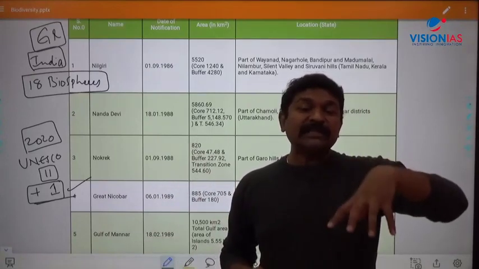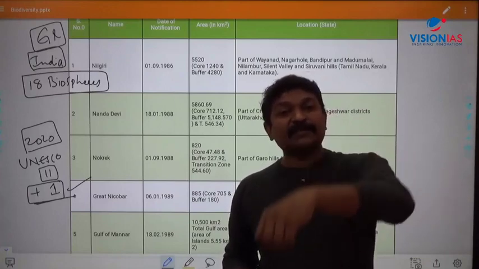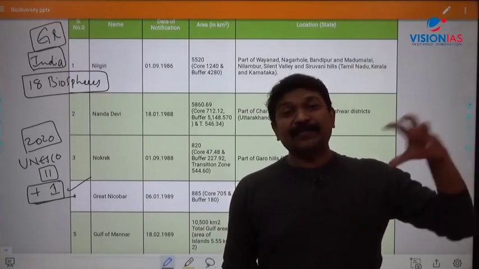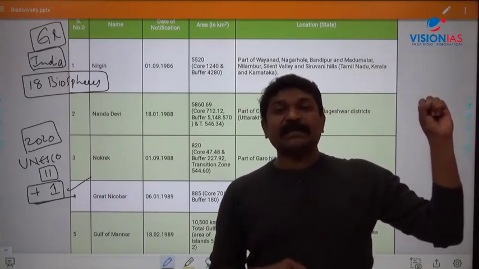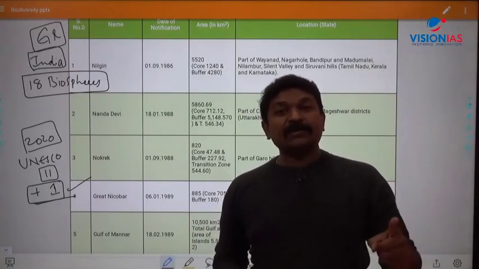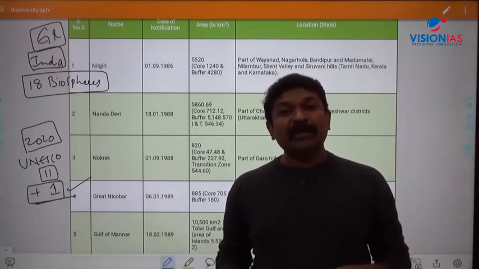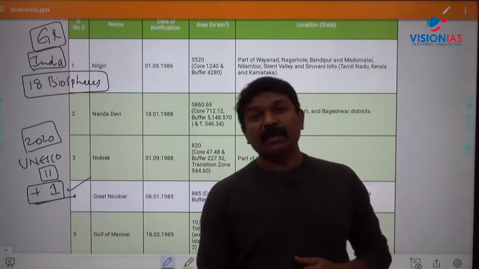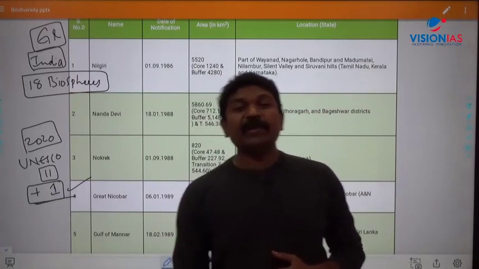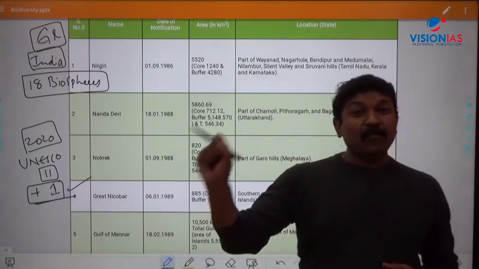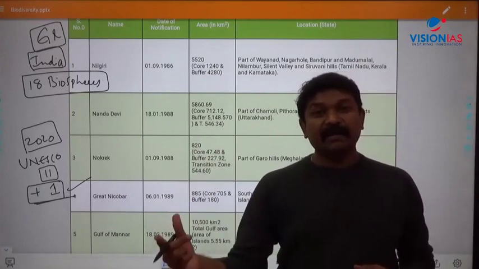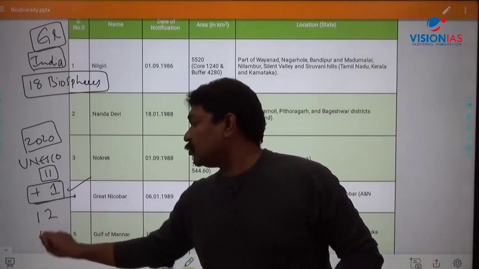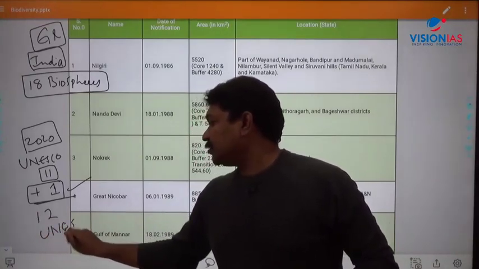Out of those selected sites, UNESCO picks some again. Till 2020, there were only 11 such sites picked by UNESCO. In 2020, it picked a new site, which is considered to be the 12th UNESCO Biosphere Reserve.